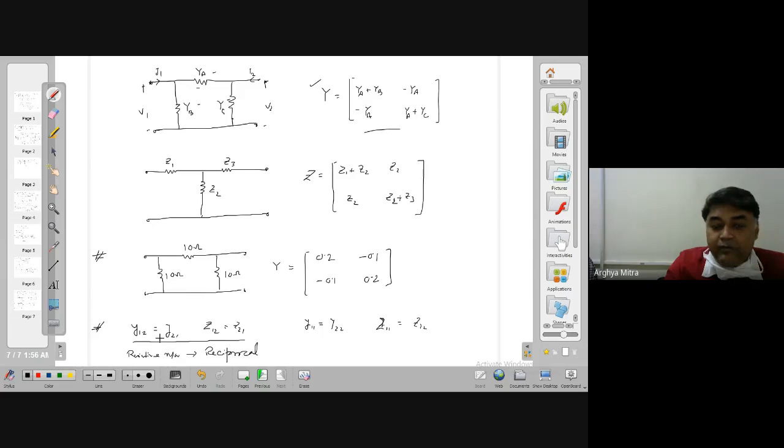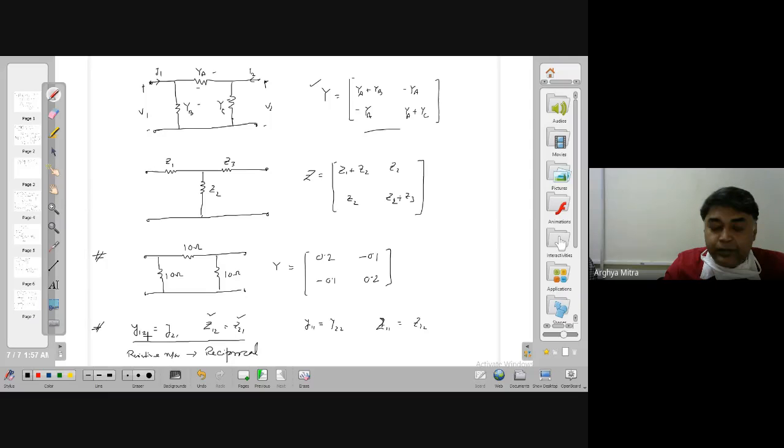So suppose you have to find out the z parameter for a given network, and you see that the given network is totally resistive in nature. Then you go through the options, where you will find the option having z12 equal to z21. That will be the correct answer, because it is reciprocal in nature. So it must follow z12 equal to z21, right?